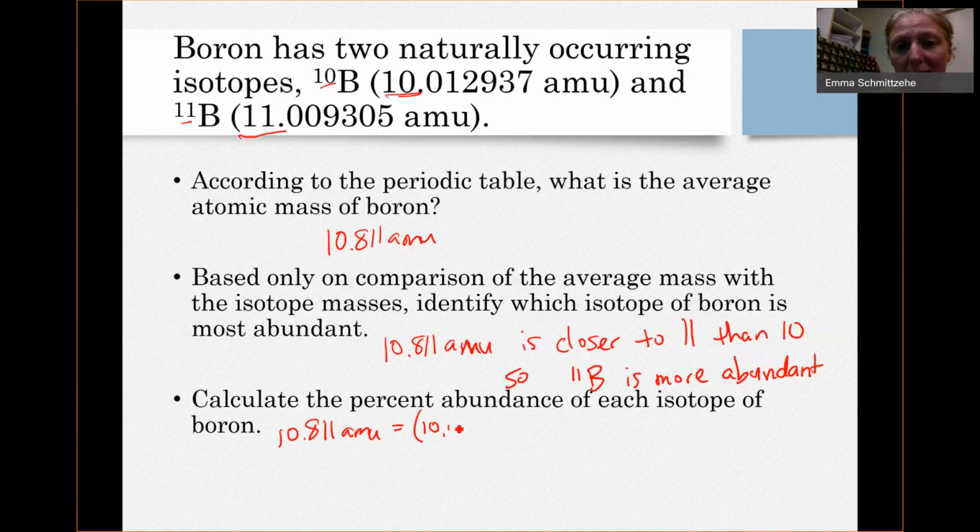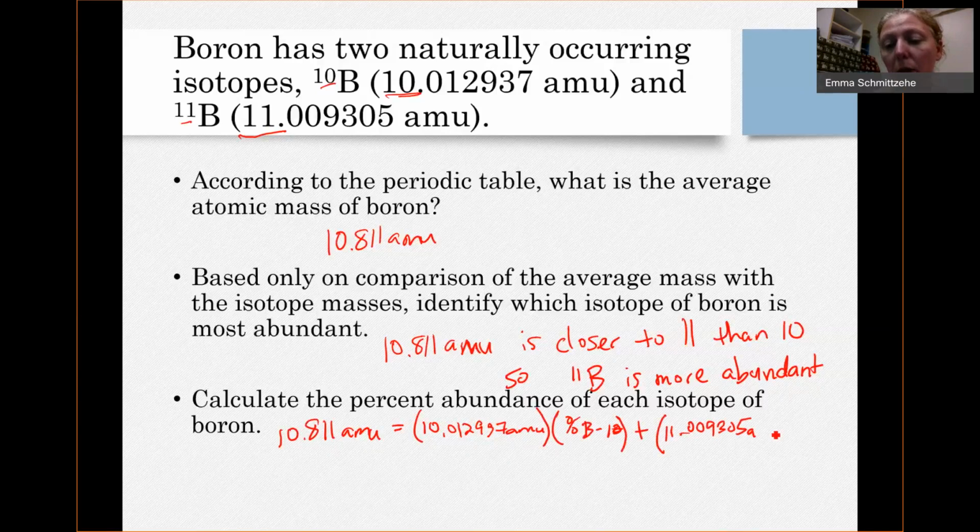So 10.012937 AMU times the percent of boron 10, plus the mass 11.009305 AMU times the percent of boron 11.